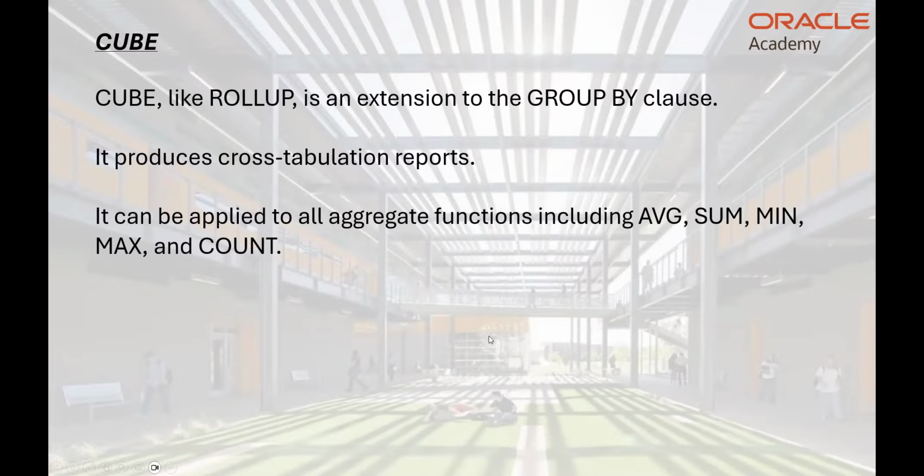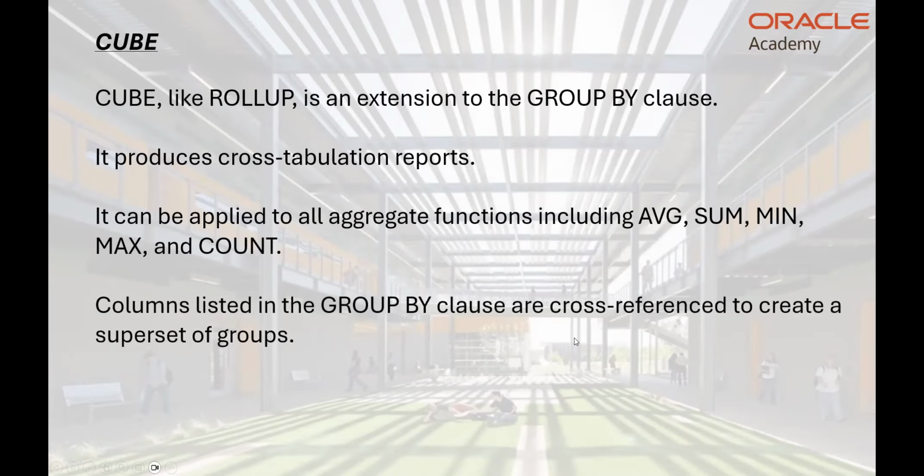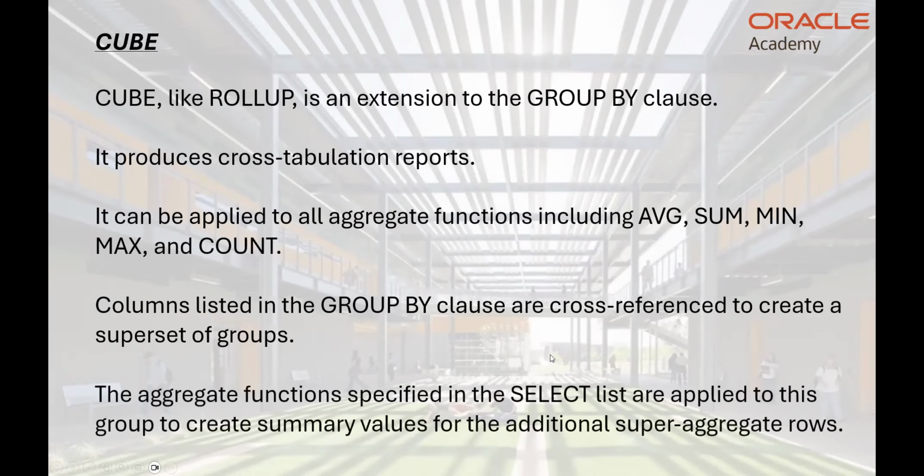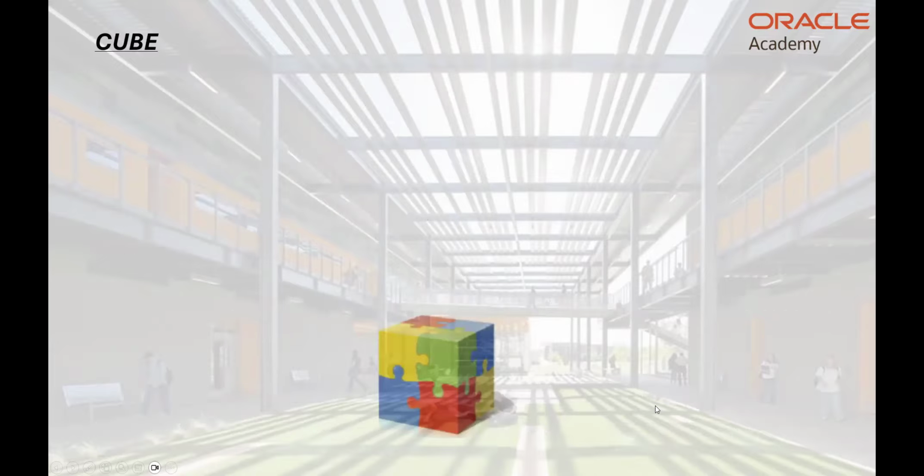It can be applied to all aggregate functions like average, sum, min, max, and count. Column lists in a group by clause are cross-referenced to create a superset of groups. So the aggregate function or the collection of functions specified in the select list are applied to this group to create a summary of values for the additional super aggregate rows. I know that really doesn't make sense.